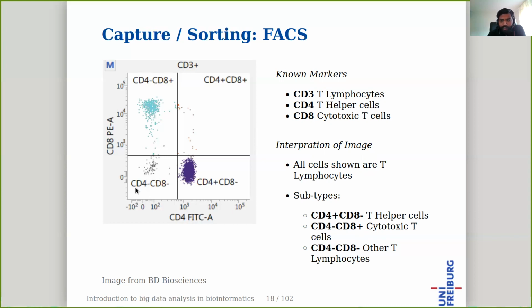And there are some cells which are not active for CD4 or CD8. These are a subclass of CD3, that means T lymphocytes, but not T helper cells or cytotoxic T cells. That's all about cell capturing or cell sorting.